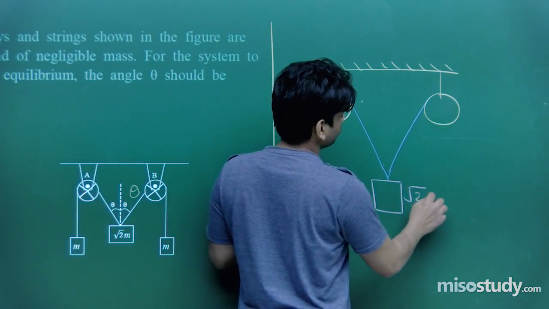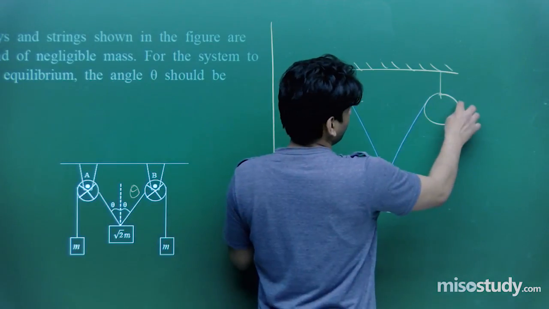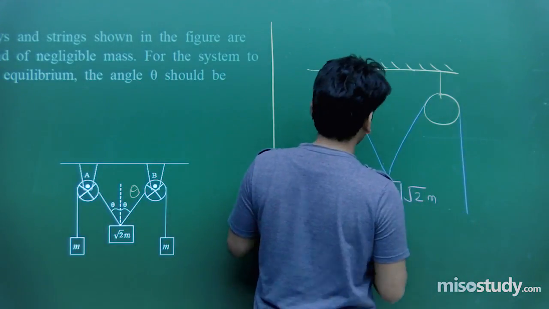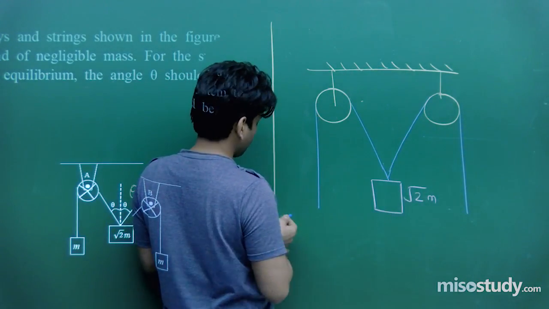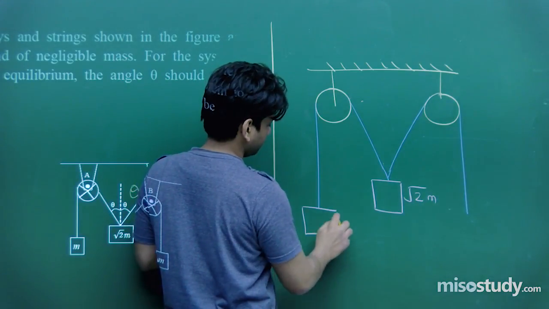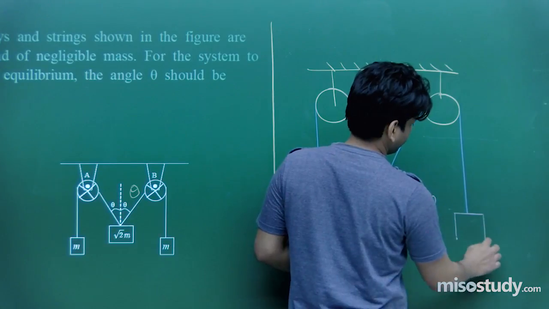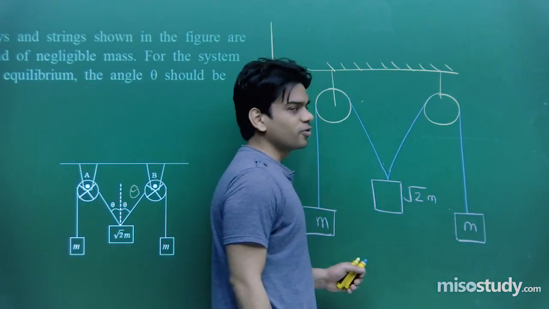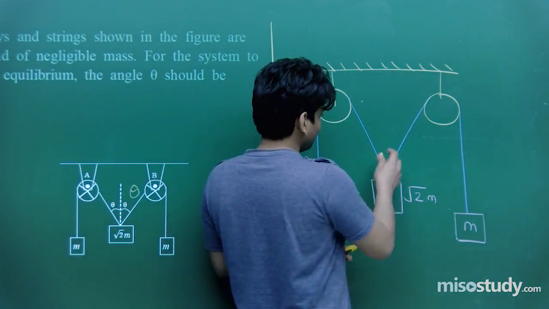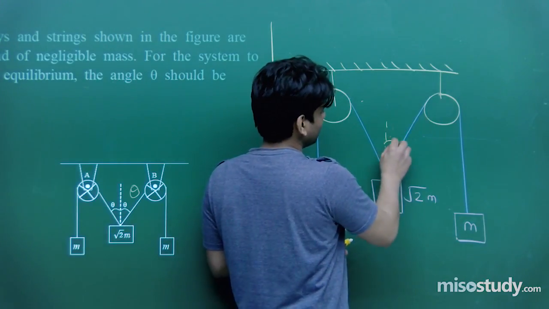This mass is given as root 2m. Then we have another block here. We have another block here. So I have drawn the diagram. Now you will see here that this angle is theta.